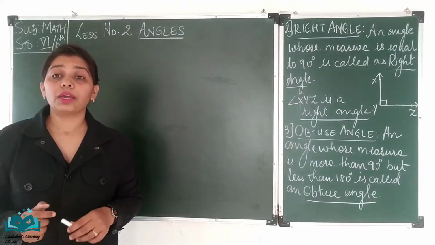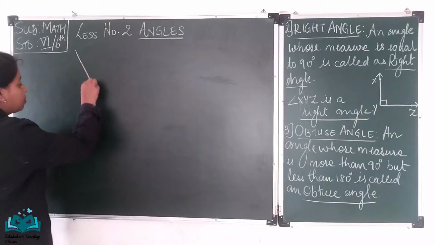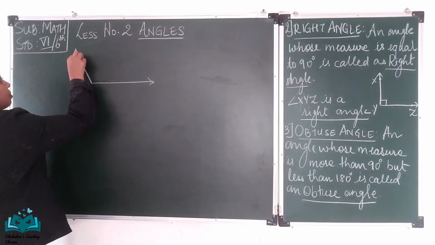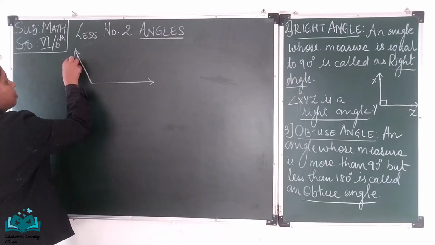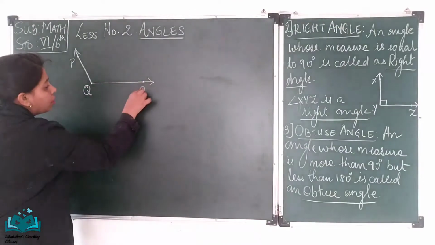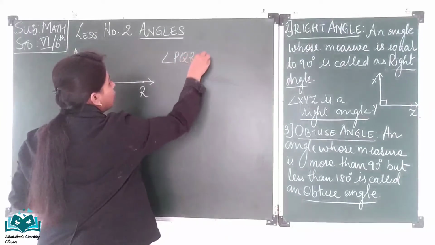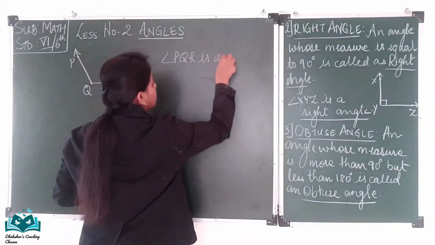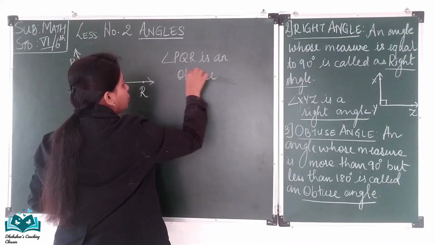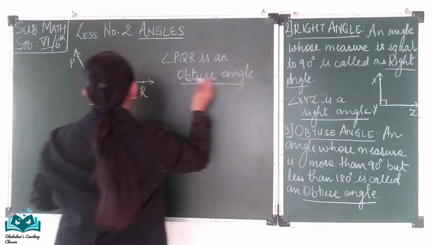Now, I will be drawing an obtuse angle. P, Q, R. Angle PQR is an obtuse angle.